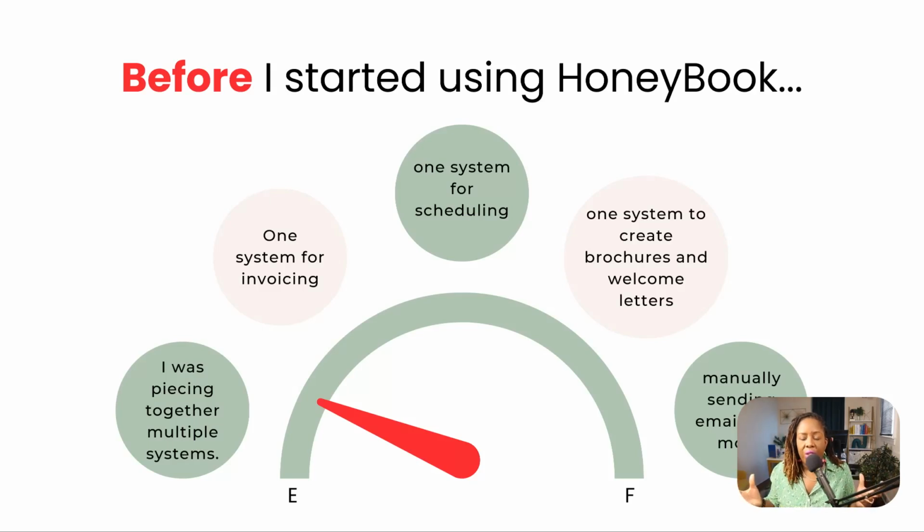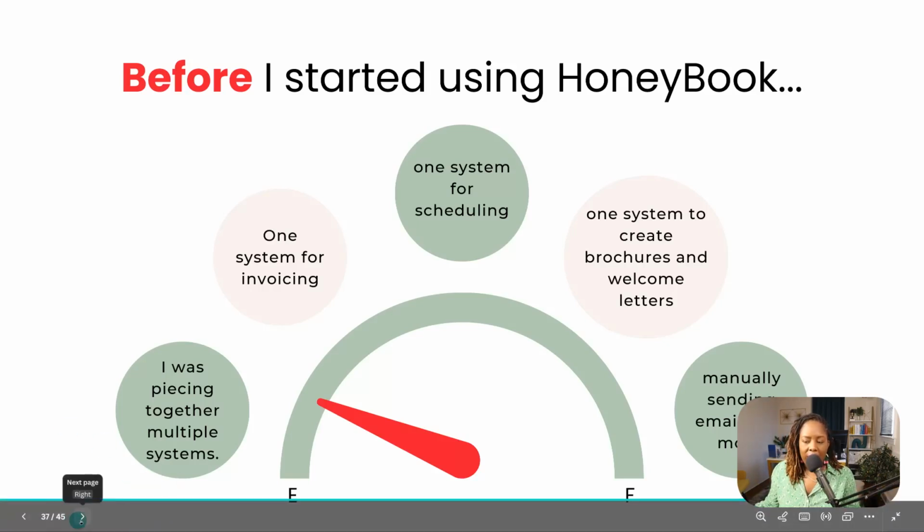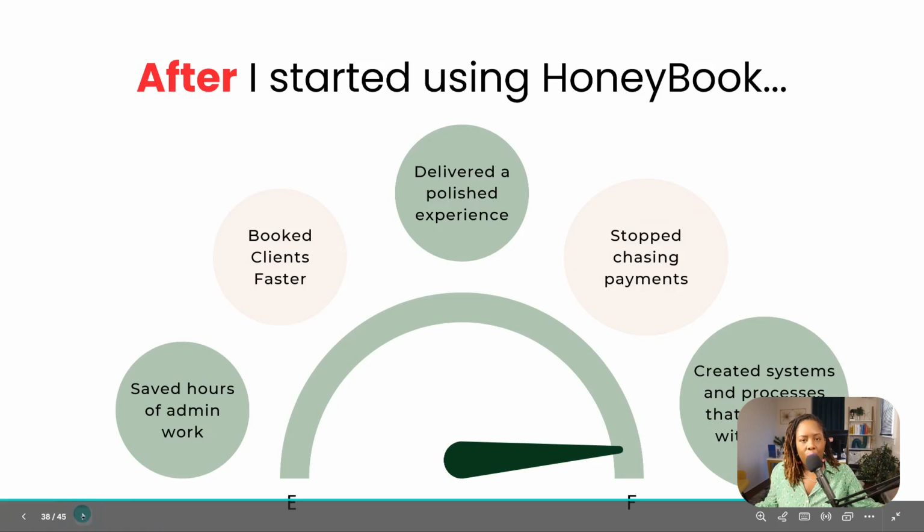It was very disjointed and it caused me to have to do extra work. I was using one system for invoicing, another one for scheduling. I was creating my brochures and welcome letters in Canva, and then I had to attach them to an email to send them, not to mention manually sending out emails and so much more.